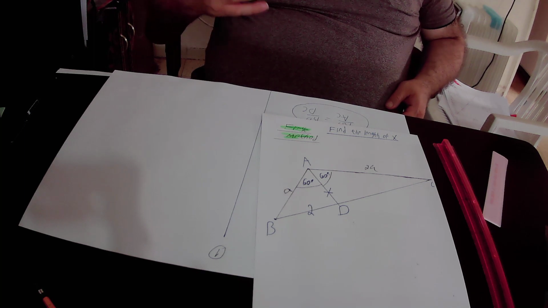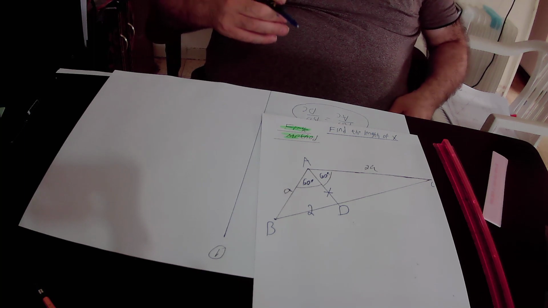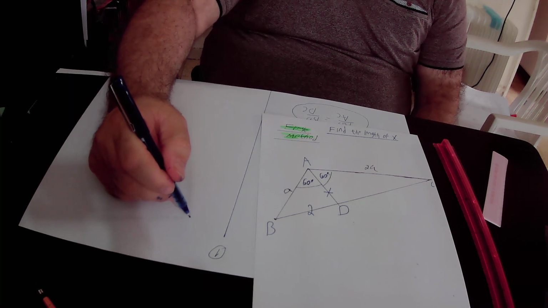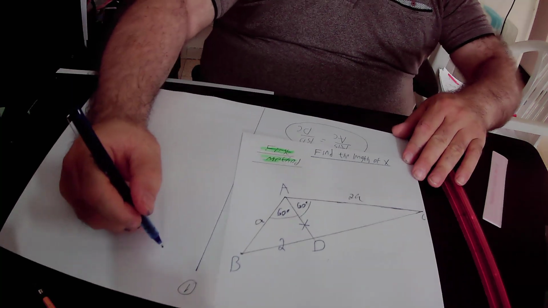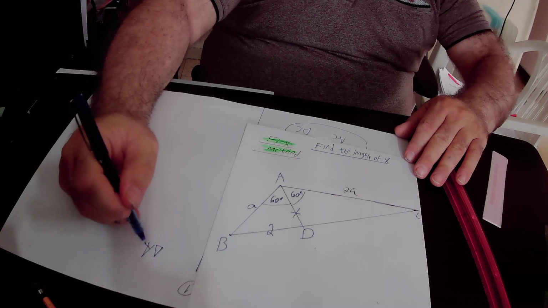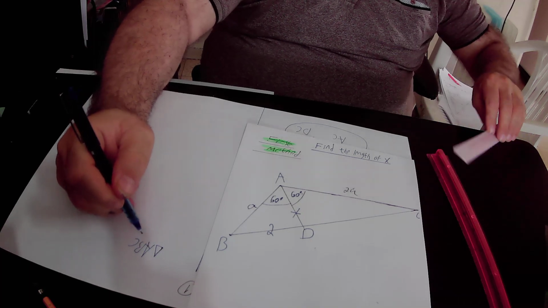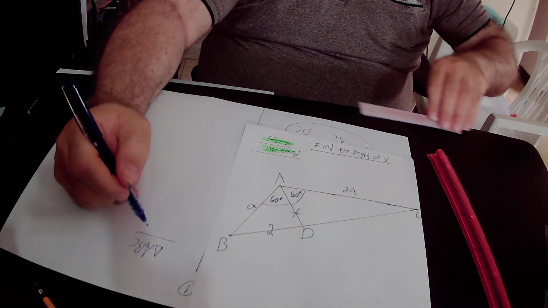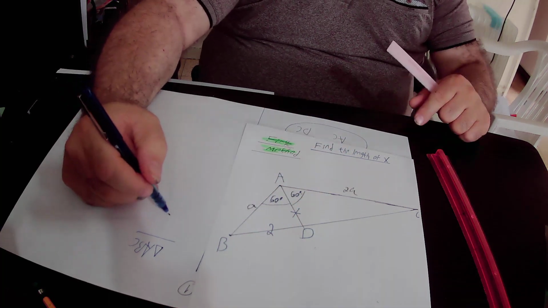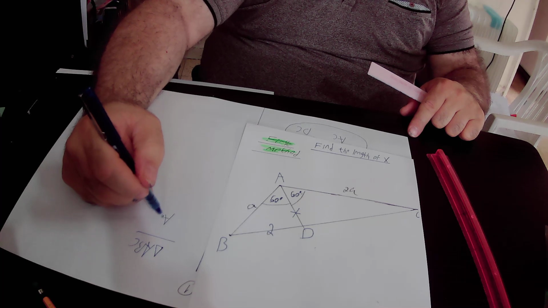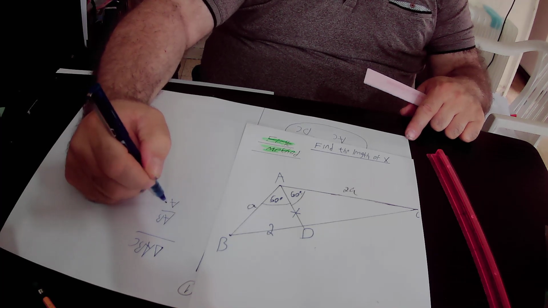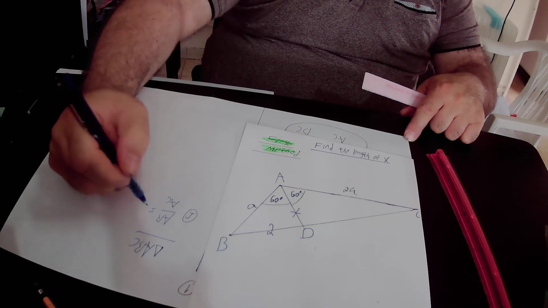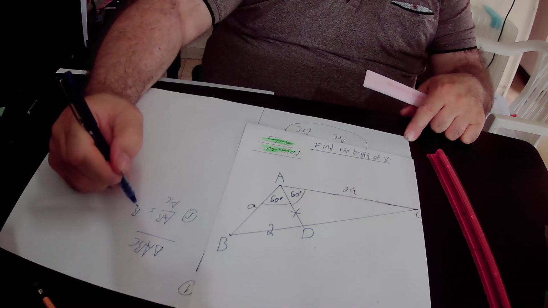So we can implement the angle bisector theorem in triangle ABC, and we get that AB over AC equals BD over DC.